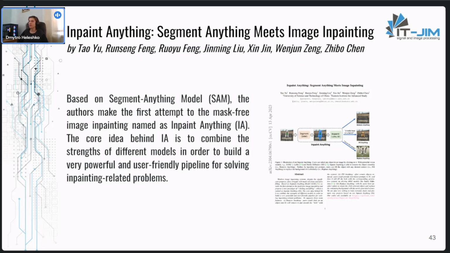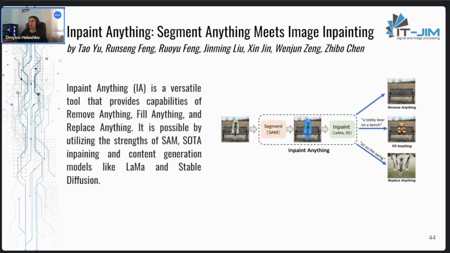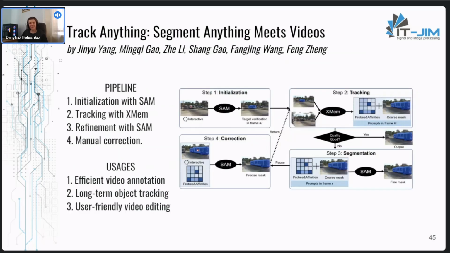The core idea behind Inpaint Anything is to combine the strengths of different models in order to build a very powerful and user-friendly pipeline for solving inpainting-related problems. Inpaint Anything is a versatile tool that provides capabilities of remove anything, fill anything, and replace anything. It is possible by utilizing the strengths of SAM and state-of-the-art inpainting and content generation models like LaMa and Stable Diffusion.